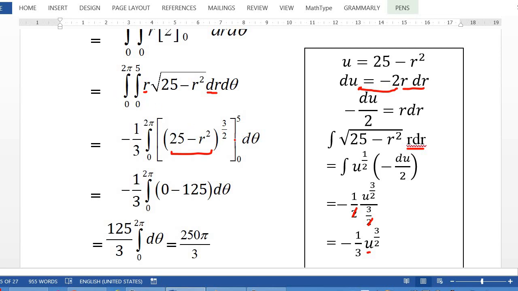Now we already changed u back in terms of r. The limit of r is from 0 to 5. So when you plug in the upper limit, 25 minus 5 squared, you have 0.